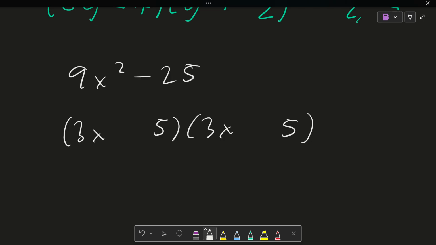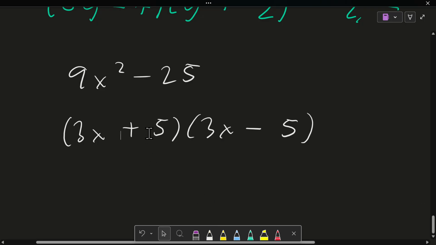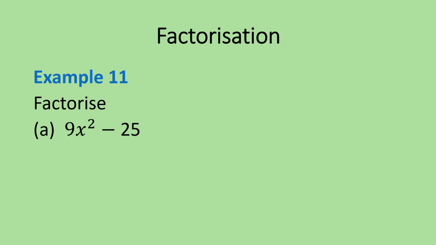One must be minus, one must be plus. So you multiply 3x by 5 and get 15x, and 5 times negative 5 is negative 25. So 15x minus 15x, you get 0.